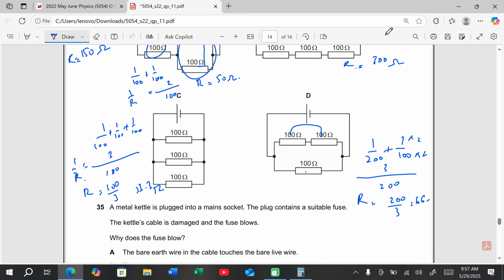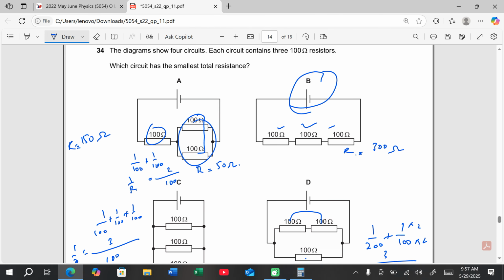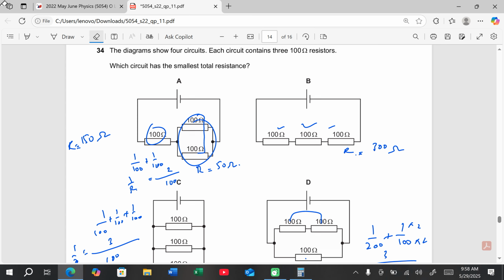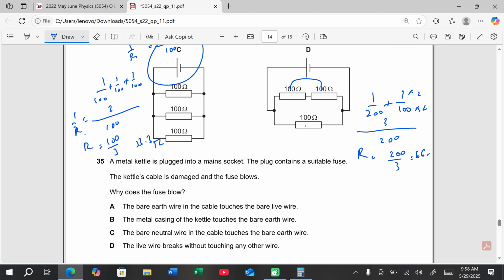So it is the one with the series, B. Sorry, it says smallest, not the greatest, so it is going to be C, the smallest one.